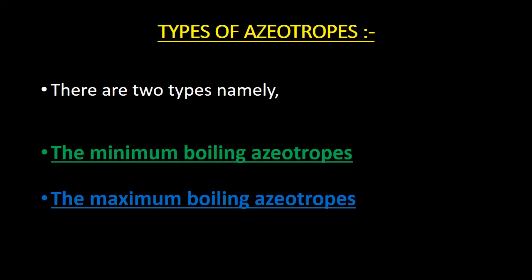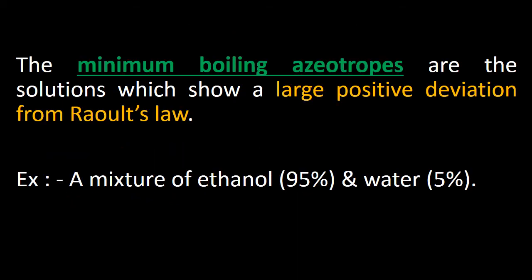There are two types of azeotropes, namely the minimum boiling azeotropes and the maximum boiling azeotropes. The minimum boiling azeotropes are the solutions which show a large positive deviation from Raoult's law.